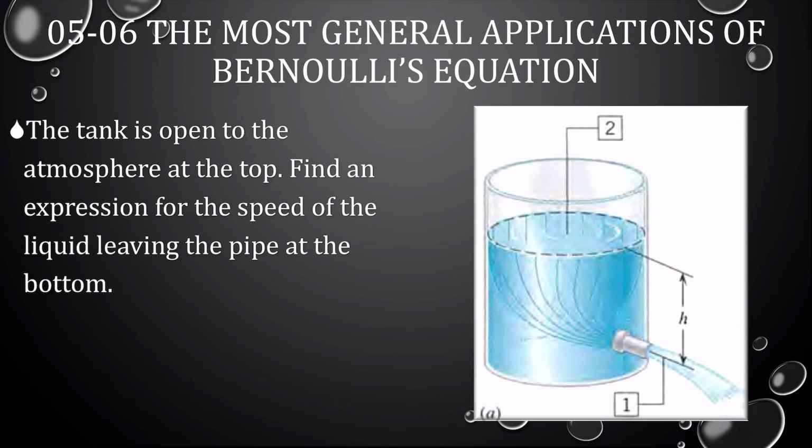Here's another application. The tank is open to the atmosphere on the top. Find an expression for the speed of the liquid leaving the pipe at the bottom. All right, so we have movement and all that stuff, so we can use Bernoulli's equation. So P plus 1/2 rho v squared plus rho g h equals P plus 1/2 rho v squared plus rho g h.